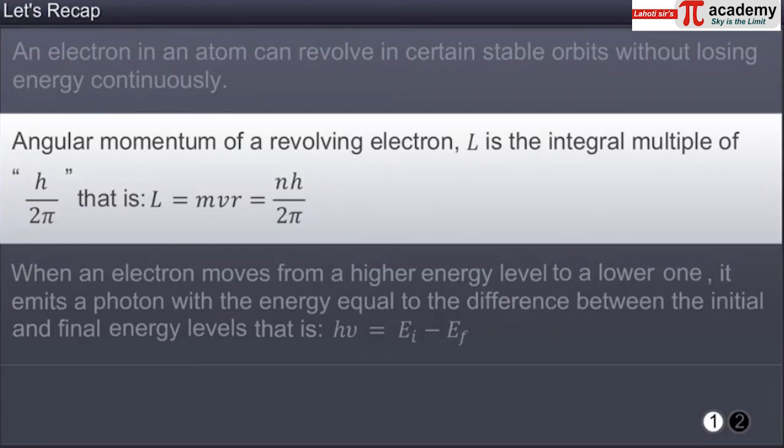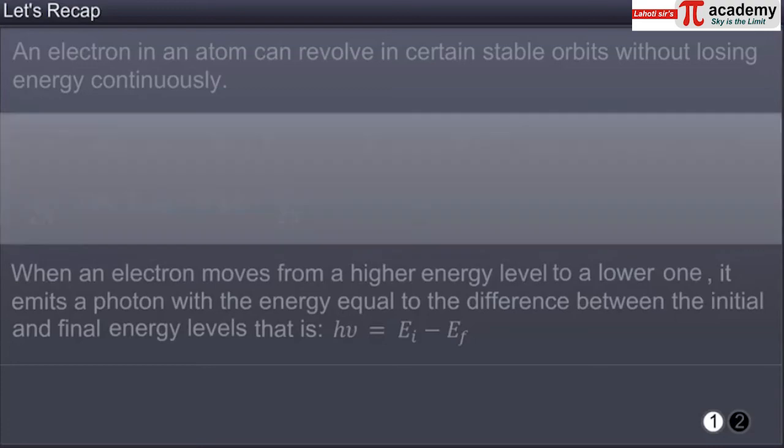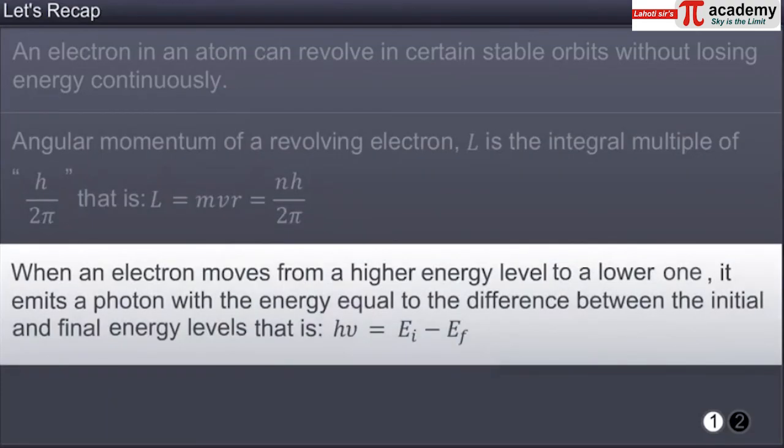That is, L is equal to m v r, which is equal to n h by 2 pi. When an electron moves from a higher energy level to a lower one, it emits a photon with an energy equal to the difference between the initial and final energy levels. That is, h nu is equal to Ei minus Ef.